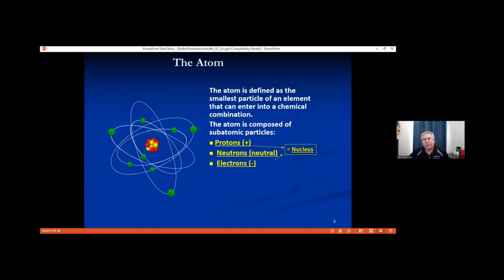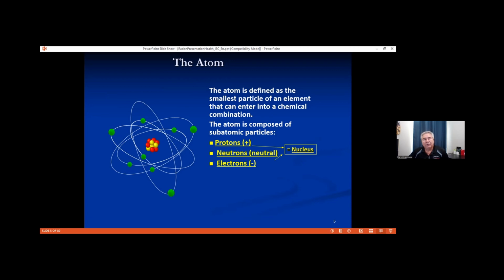In the nucleus, in this image, we see some red marbles and some yellow marbles. We can say that the red marbles are protons and the yellow marbles are neutrons. Both of them form what we call the nucleus, or the sun, as an example. What's floating around are little green marbles.